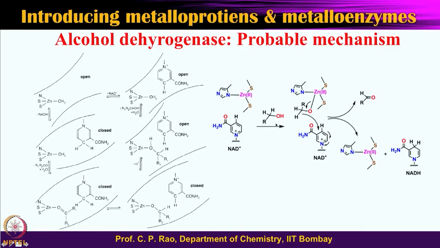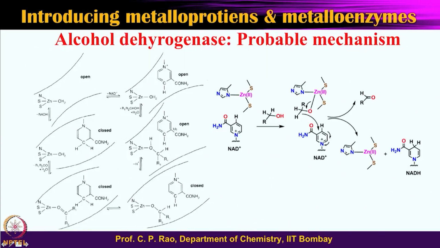This is alcohol binding, and this alcohol binding will bring the active form to this redox process between this, and that hydride transfer will make this center oxidize. The carbon will go from alcohol to aldehyde, and this NAD plus will become NADH, and that is what we will see. And nothing happens to the zinc center because there is no redox.